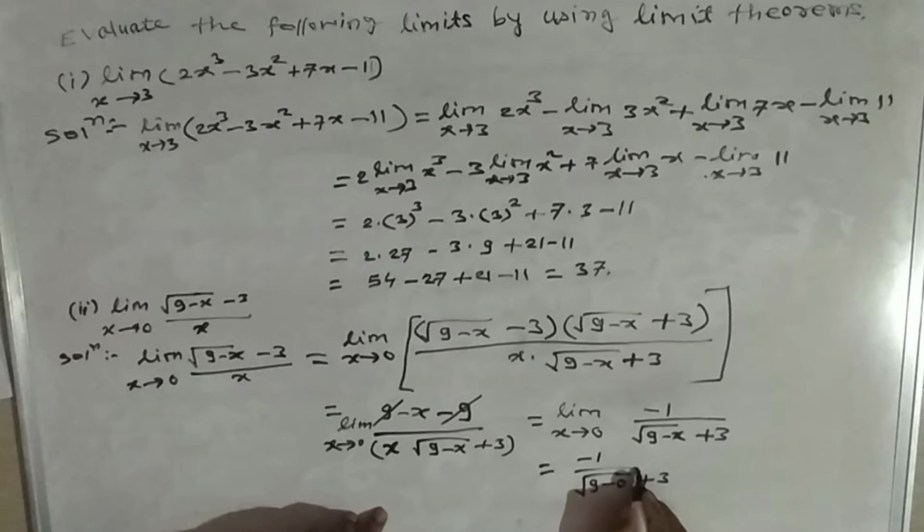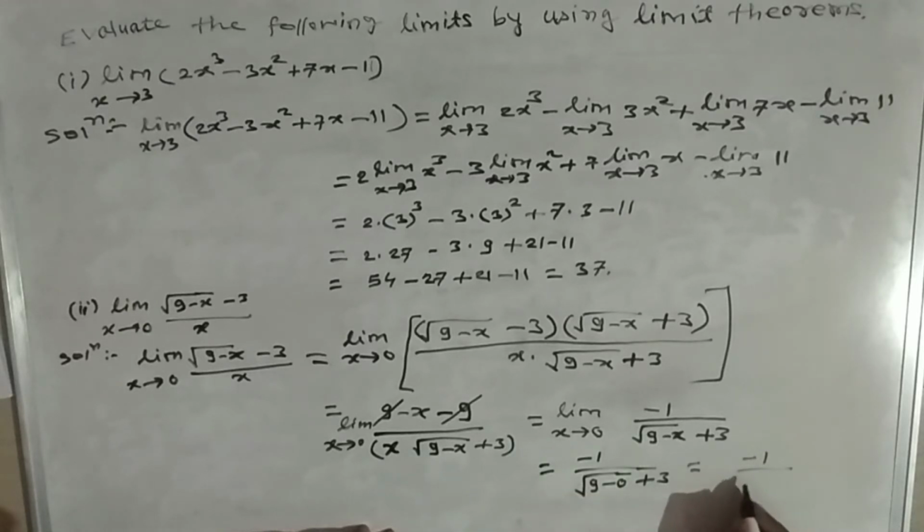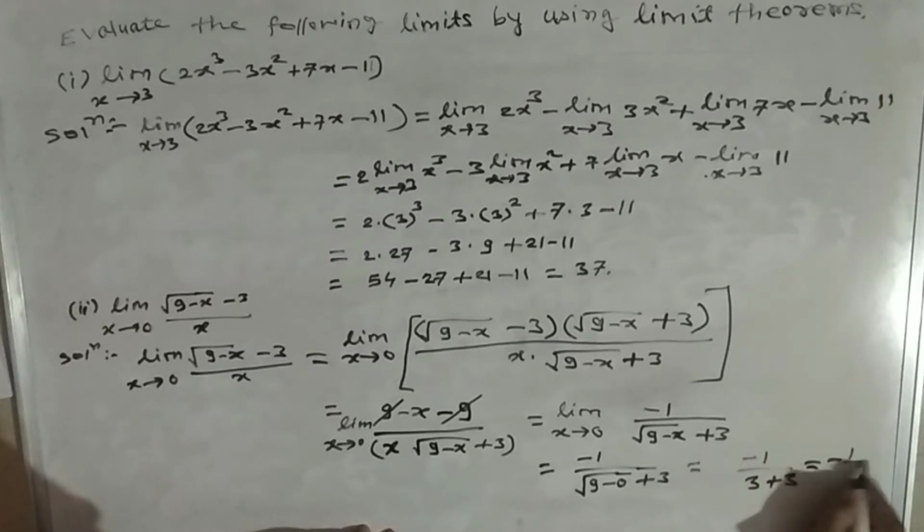So this is equal to minus 1 upon square root of 9, which is 3, and this is plus 3, minus 0, this is plus 3 as it is. So this is equal to minus 1 by 6. This is the solution of this problem also. It is minus 1 by 6.